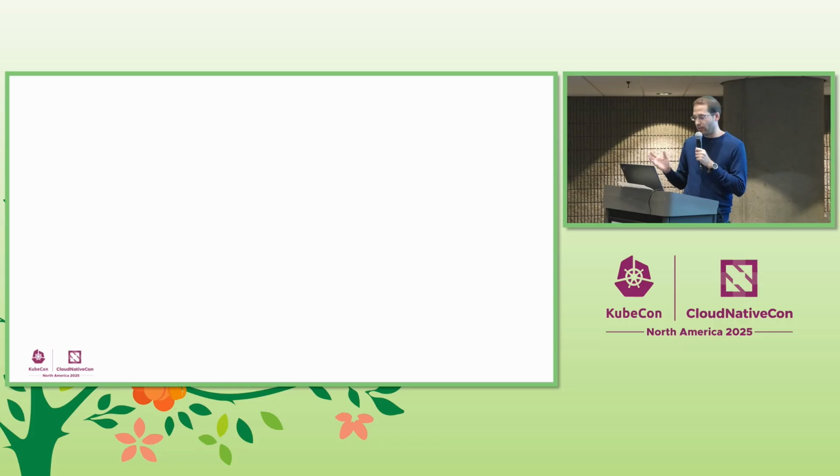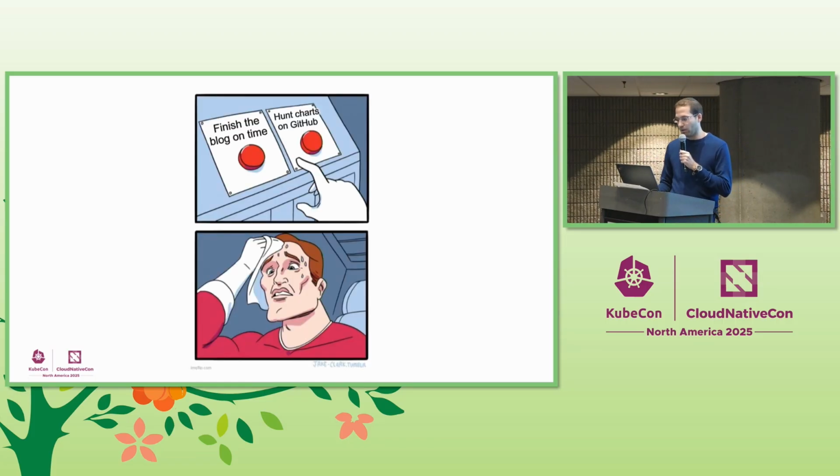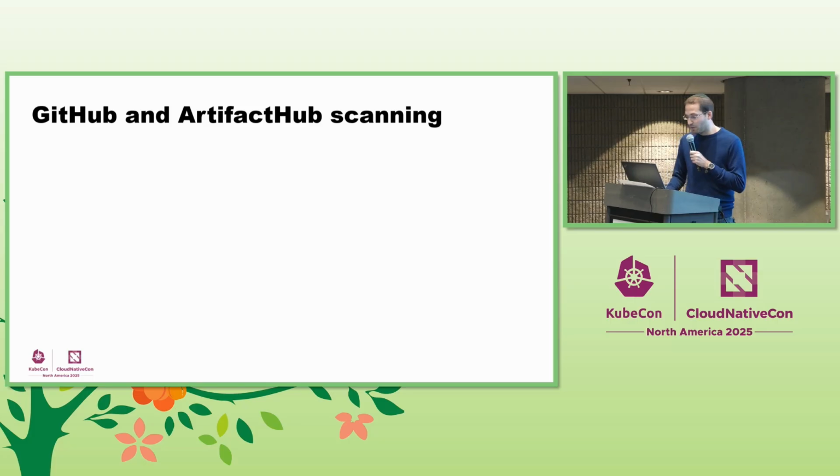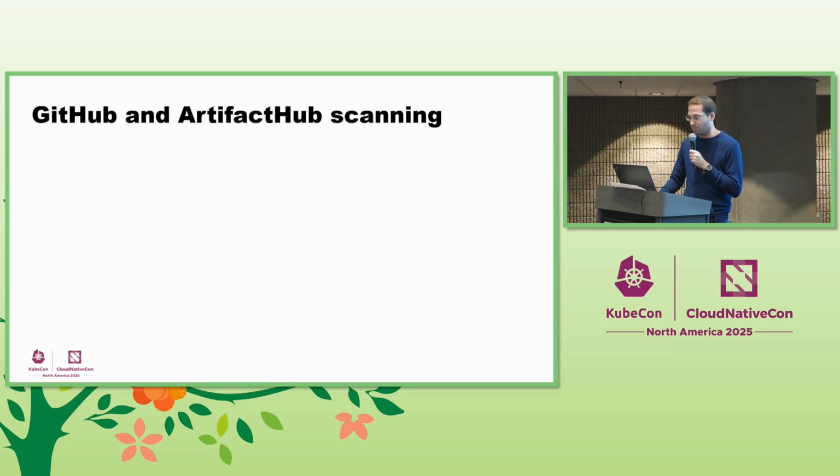Okay, so at this point, we had to choose. We could either write a blog post about the finding or go down the rabbit hole and start digging through more Helm charts on GitHub. And you can probably understand what we decided. So we decided to look for exploitable misconfigurations at large scale.